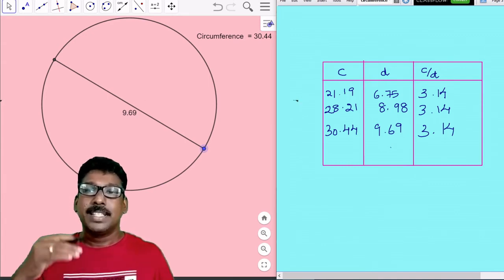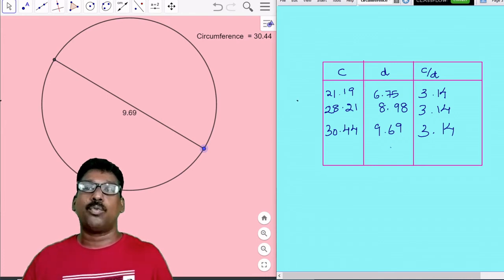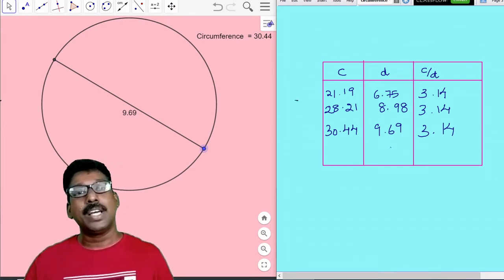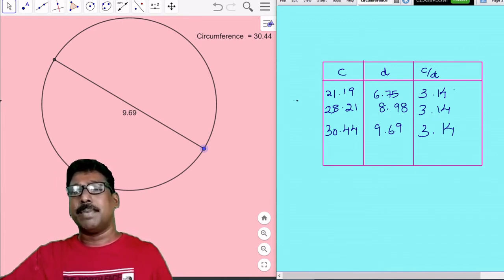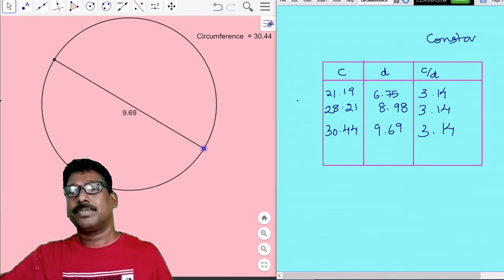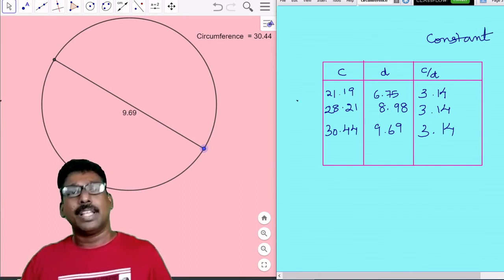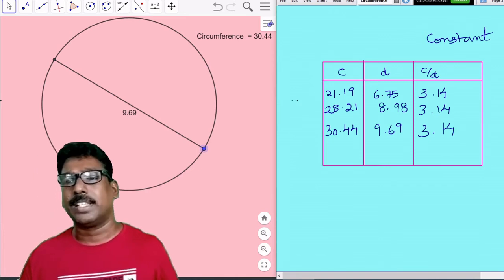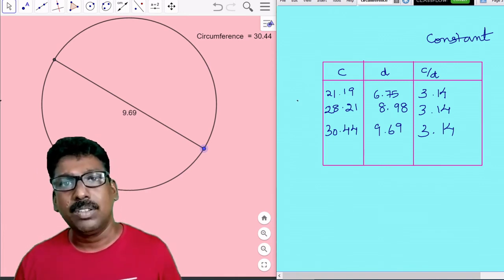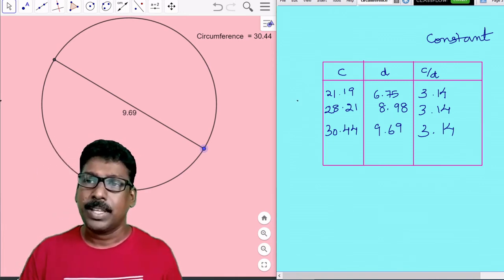That means C by D, that is the ratio of circumference to the diameter, you are getting the same answer. If you are getting the same answer in all the cases, we can call it a constant. In all the cases, you are getting 3.14, a constant answer.